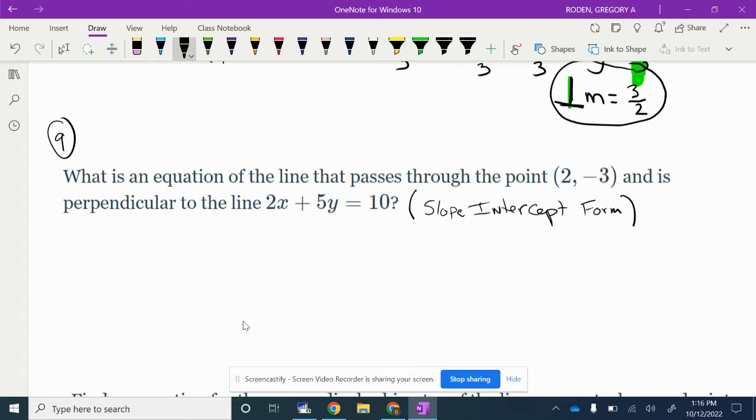I probably will only make you write the reasons on one transversal problem. Sound good? I will make you write the reasons on a transversal problem.